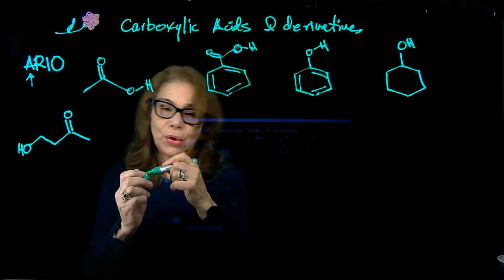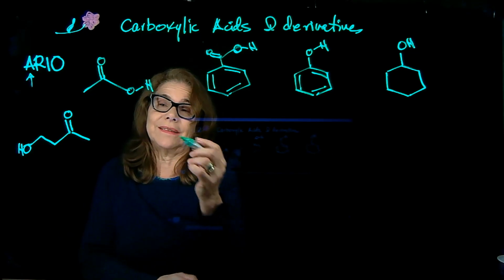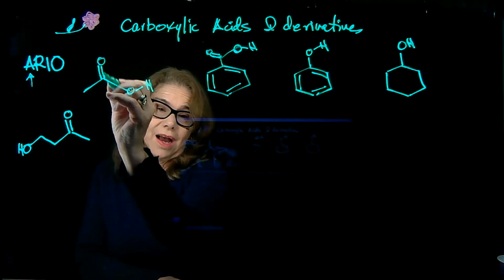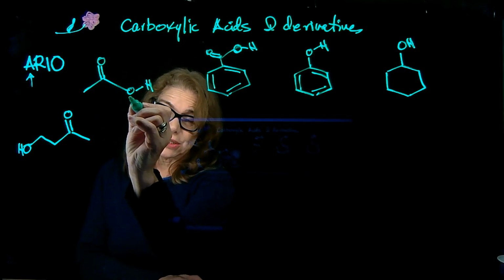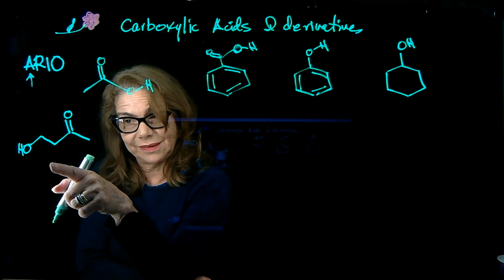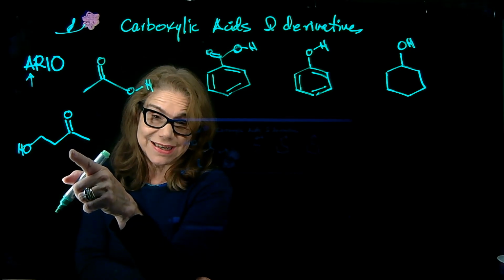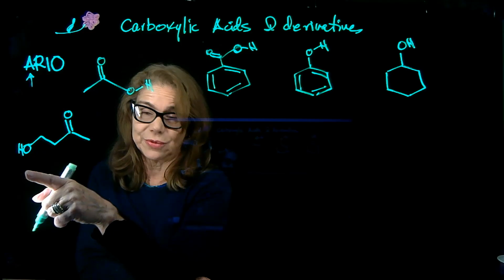A little note here about what is a carboxylic acid. Remember that in a carboxylic acid, you must have this carbonyl with the OH next to it. This molecule right here is not a carboxylic acid. It does have an OH, but this group is a ketone, and that's an alcohol group.